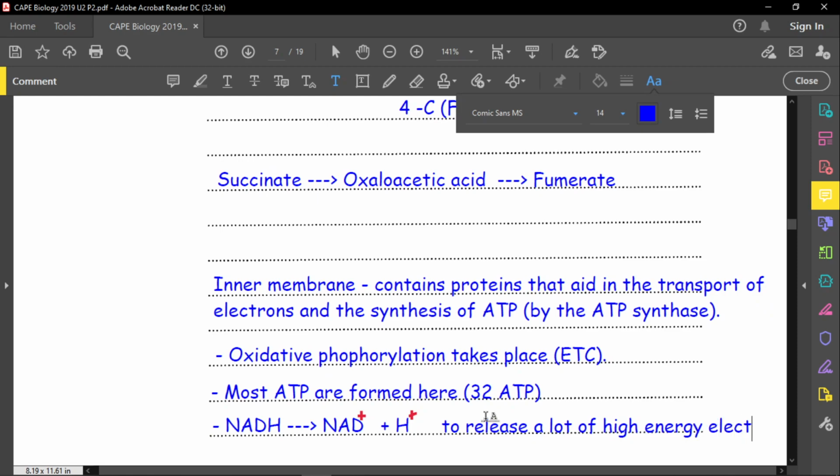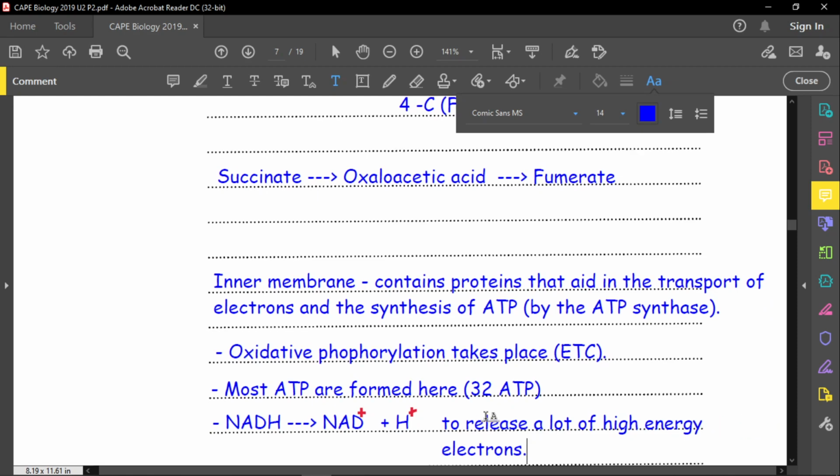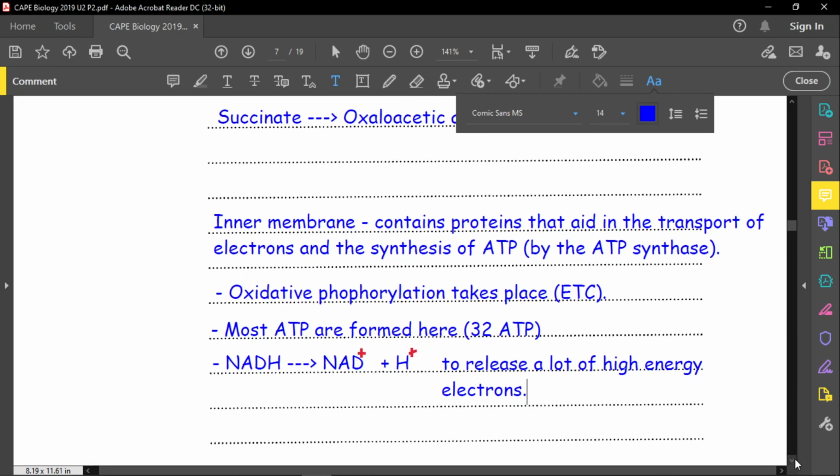These electrons will be transported along the inner membrane, and that will be responsible for producing a lot of ATP. So this is where energy is transferred from one form to another. ATP synthase will generate 32 molecules of ATP.